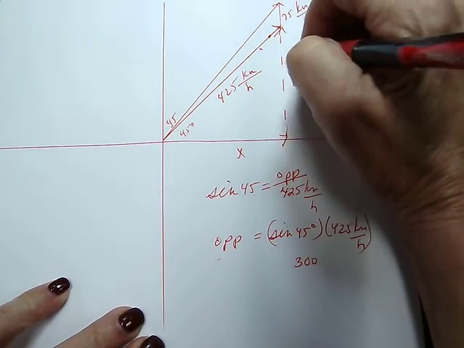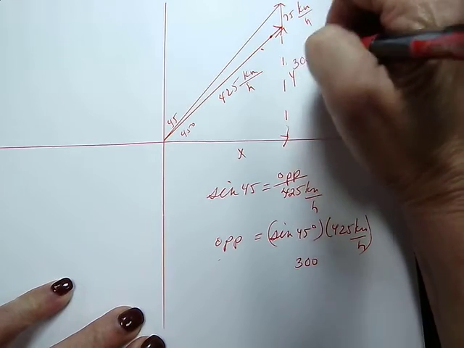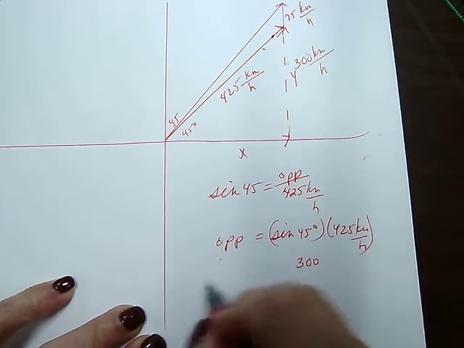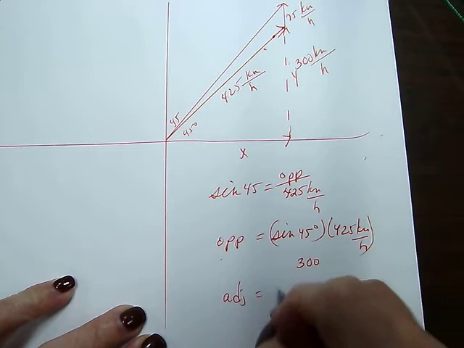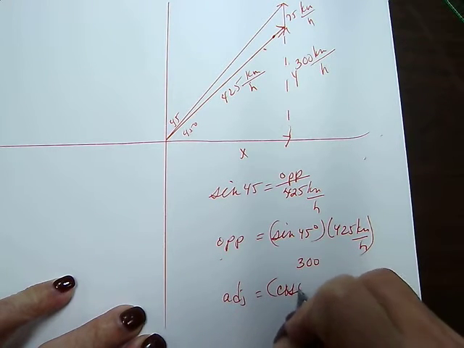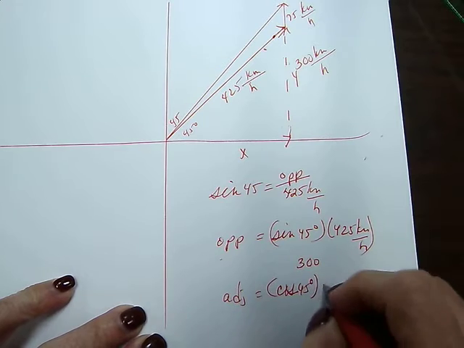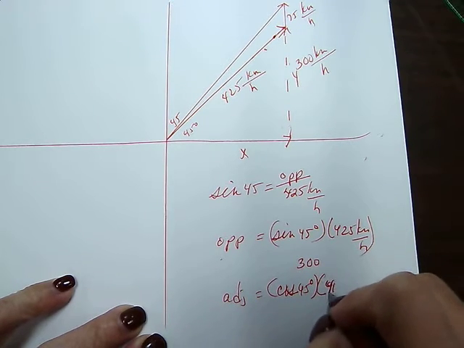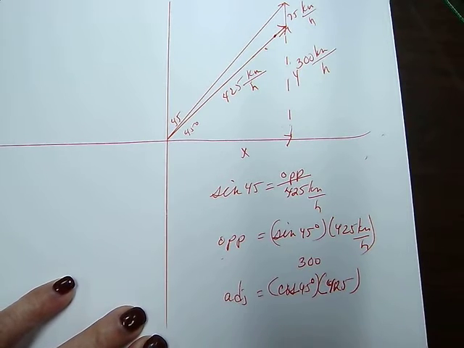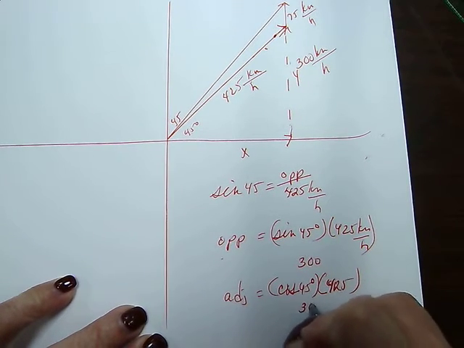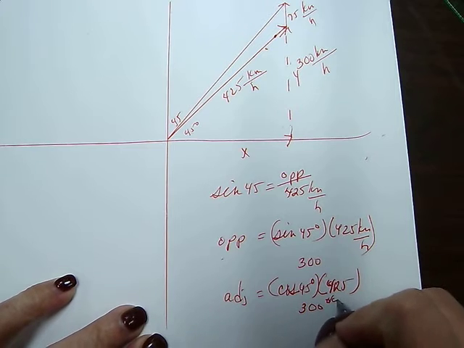So this right here is 300 kilometers per hour. And my x is going to be the adjacent, the cosine of 45 times 425. And it is 300 kilometers per hour.